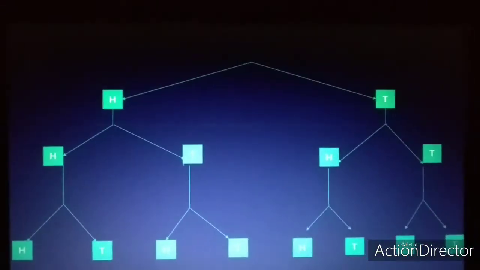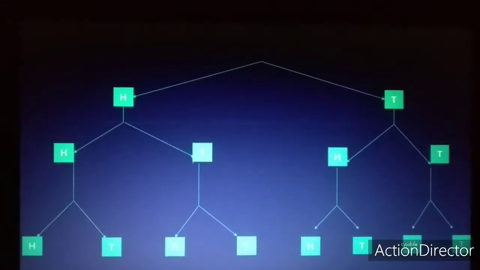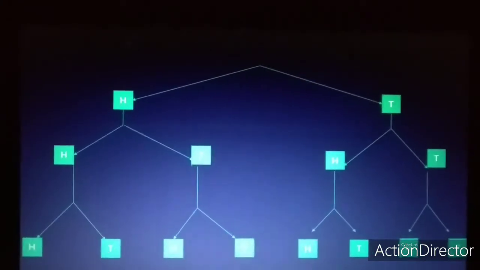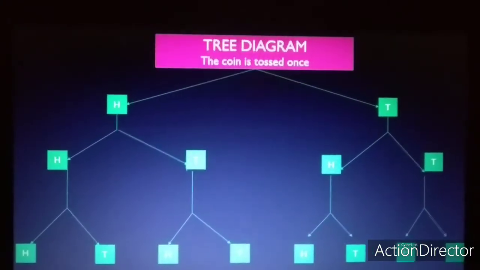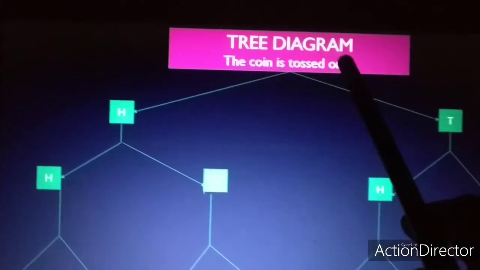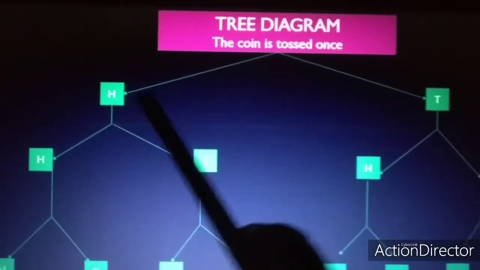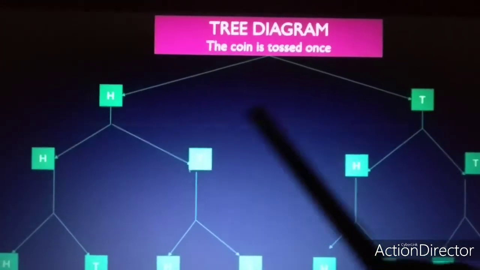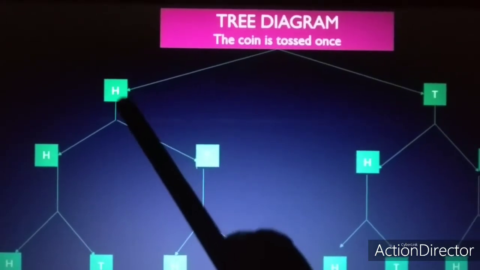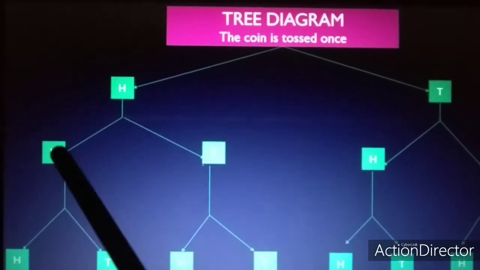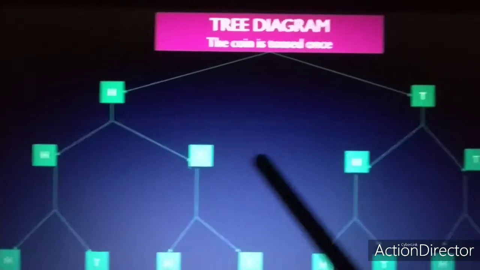So first let us see how to write the sample space when the coin is tossed one time. When the coin is tossed one time, you are getting one head and one tail. Now I am going to make the branches from this head and write it as head and tail over here.